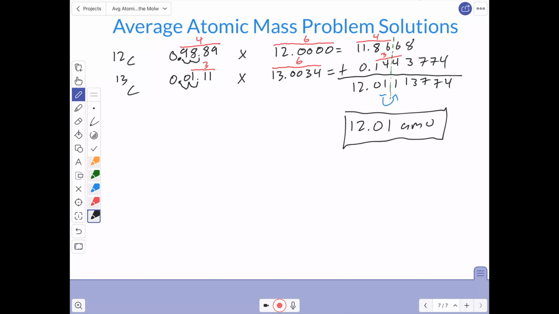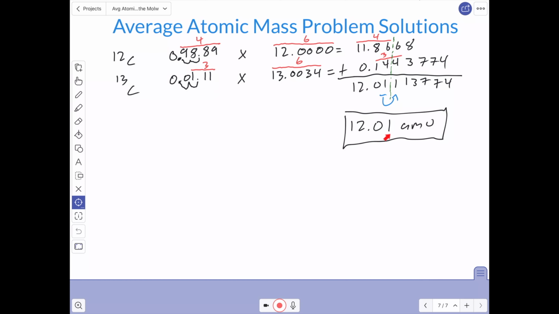If we take our periodic table and we look at this, we can see that it matches. Now the significant digits are different because the individuals who calculated the actual average atomic masses on our periodic tables had much more precise and accurate equipment for calculating the abundances.